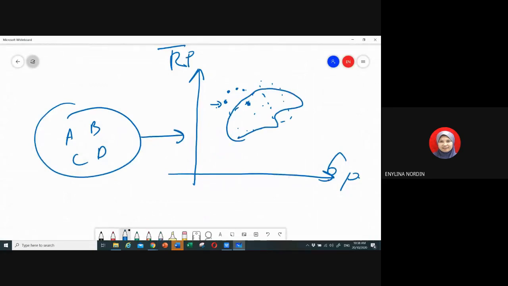The shaded area here is the opportunity set.